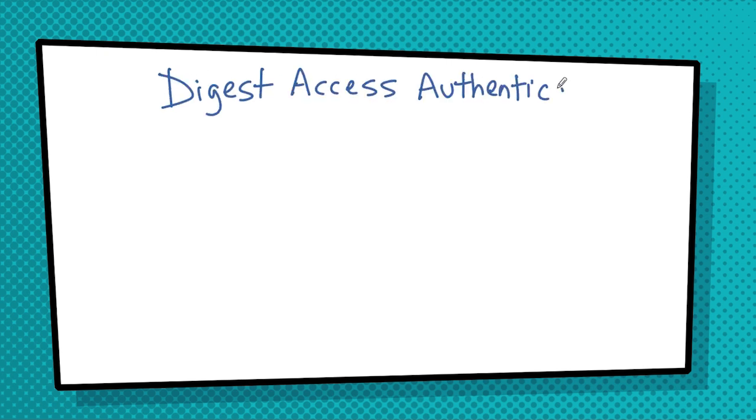Now, there's another form called Digest Access Authentication, or DAA. It was created to address the fact that basic authentication sends the full credentials to the server. In this case, DAA, or Digest Access Authentication, only sends an MD5 hash to the server.